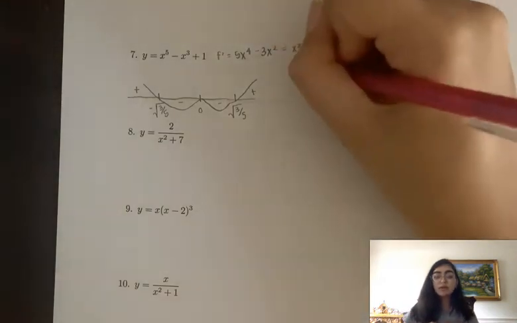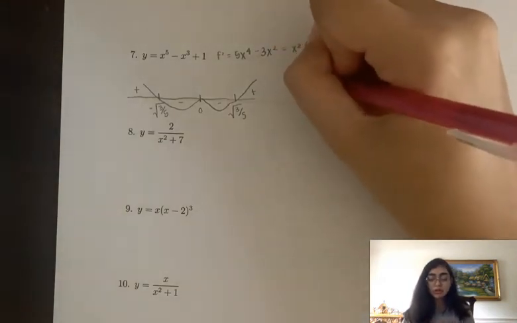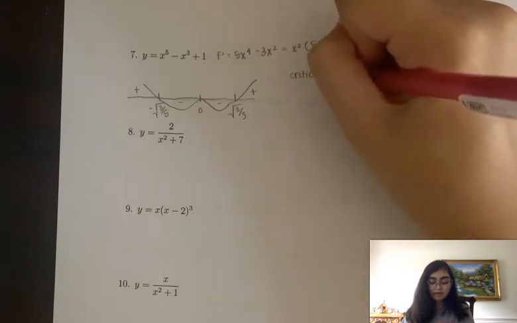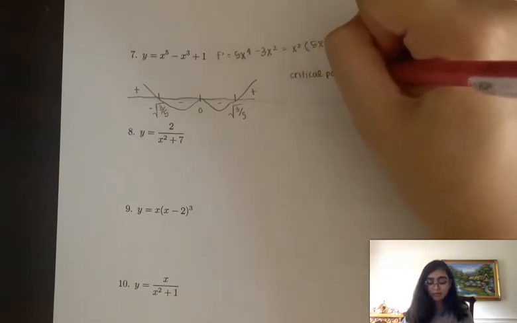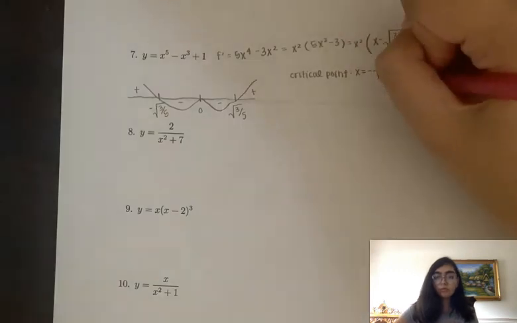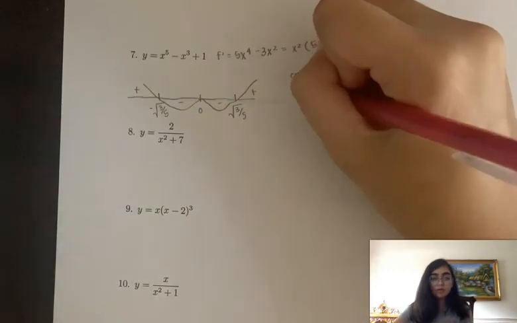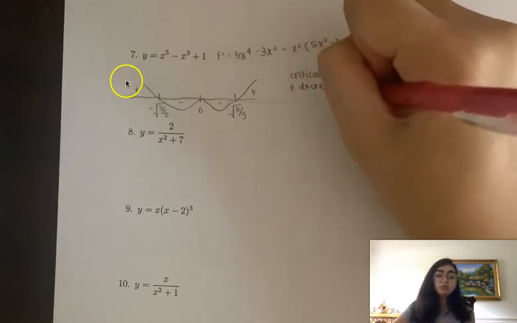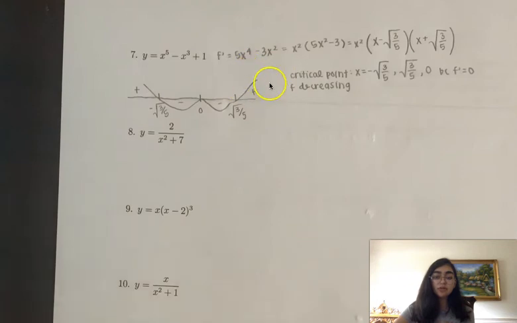And we'll go ahead and find the critical points. So we know that the critical points are where x equals negative square root 3 over 5, positive square root 3 over 5, and 0, because that's where f prime equals 0. We know that f is increasing over here where f prime is positive.